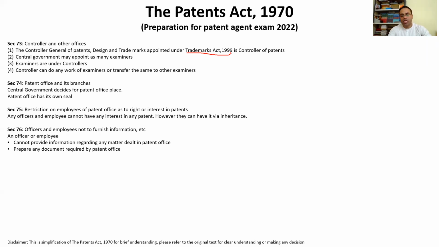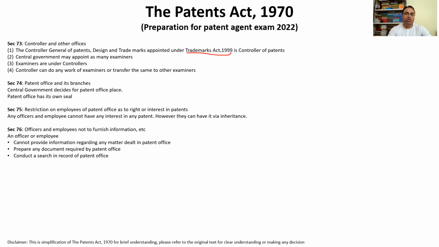So you cannot ask a person in the patent office, sir, I want to fill form 16, can you fill it? Or, I want to fill form 13, can you please fill it for me? They will not fill the form for you. They will say, please ask a patent agent. So don't think that he is being hostile, because under section 76, he cannot prepare any document for the patent office.